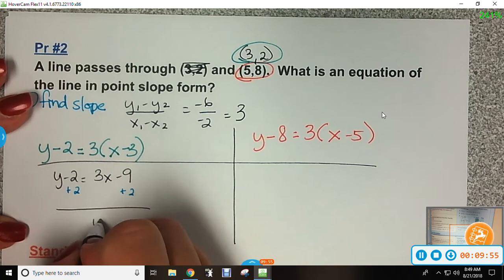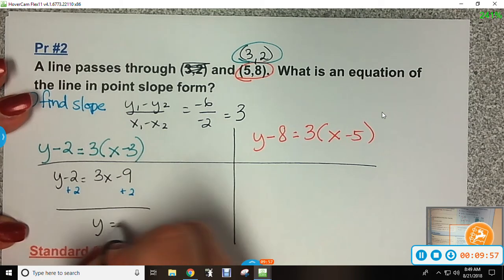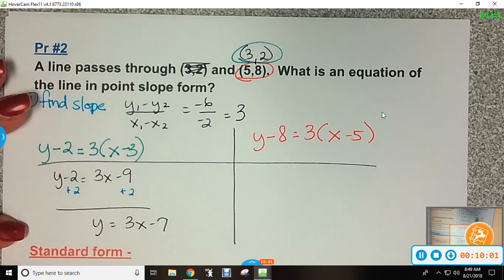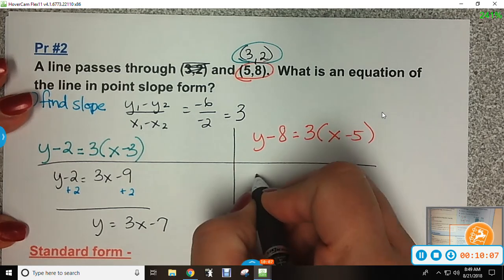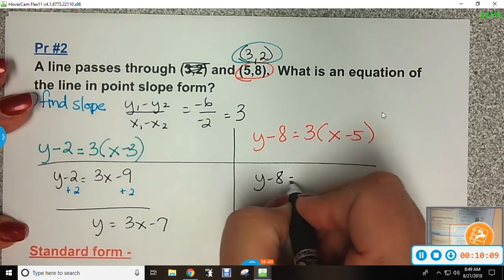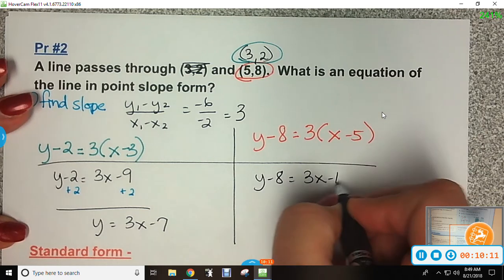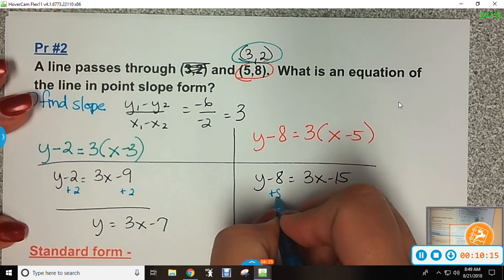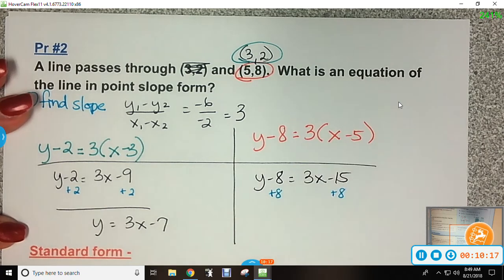and I end up with y equals 3x minus 7. Let's do the same thing for this equation over here. Distribute your 3. So you have y minus 8 equals 3x minus 15. Add your 8 to both sides.